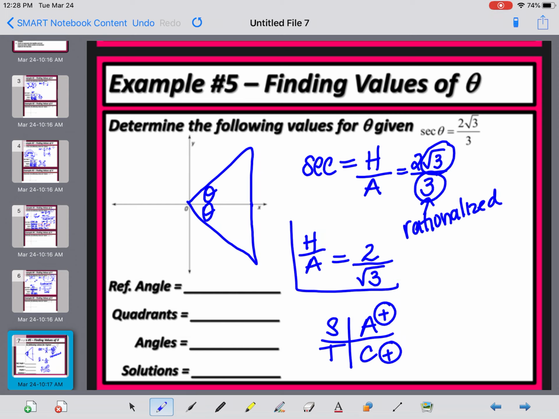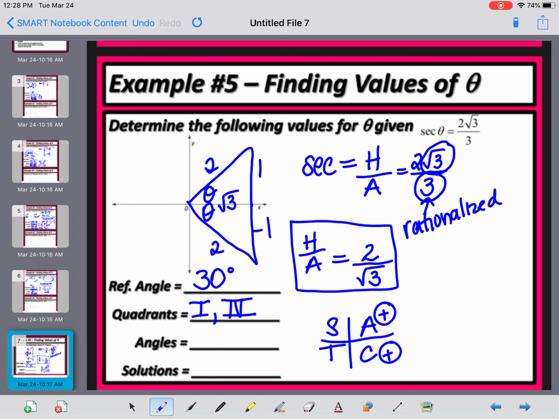Okay, and back to this ratio that I created, I'm going to label my hypotenuse as 2 and my adjacent side, which they actually share here, as root 3. Okay, so what's our missing side? It's going to be 1 and negative 1. In a 30, 60, 90, what angle is across from side length 1? It's 30 degrees. So that's our reference. Our quadrants are 1 and 4.